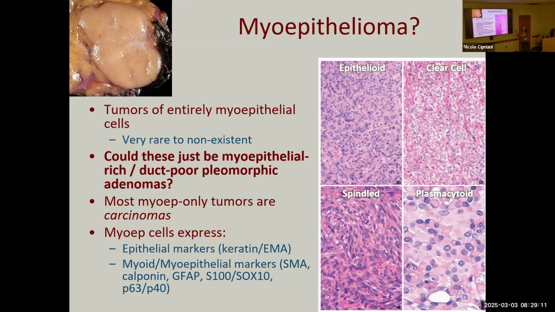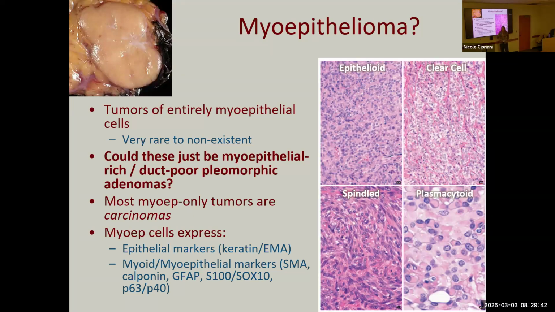What about if you are dealing with a benign appearing salivary neoplasm that does not have any overt epithelial cells? If it's circumscribed and it's purely myoepithelial, being either clear cell or epithelioid or spindled or plasmacytoid, well, I don't know that this actually exists, because if you look hard enough in a myoepithelial rich tumor, you will generally find neoplastic ducts, in which case you can call it a pleomorphic adenoma.